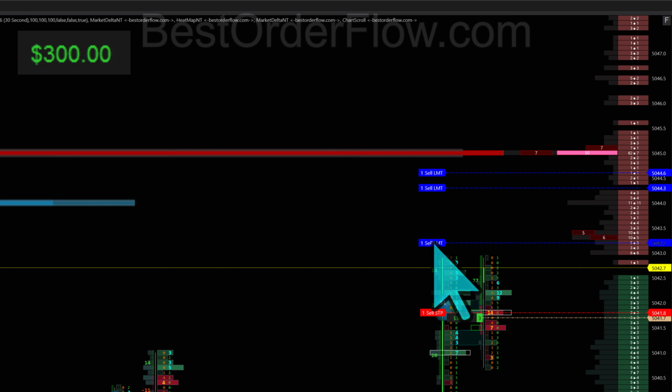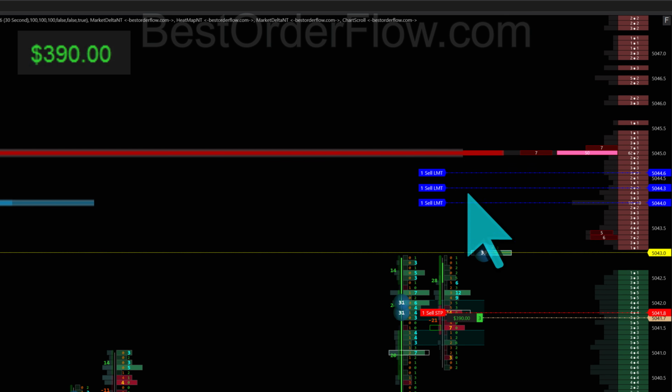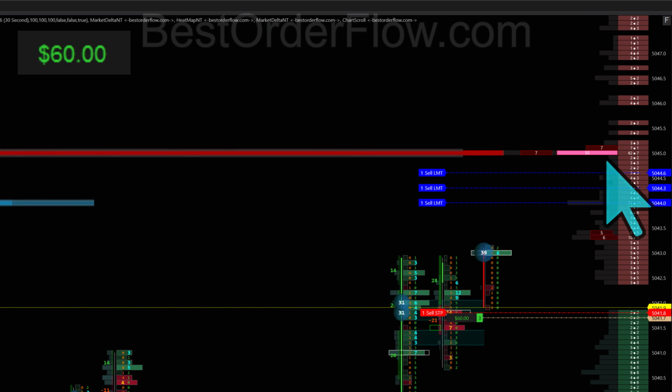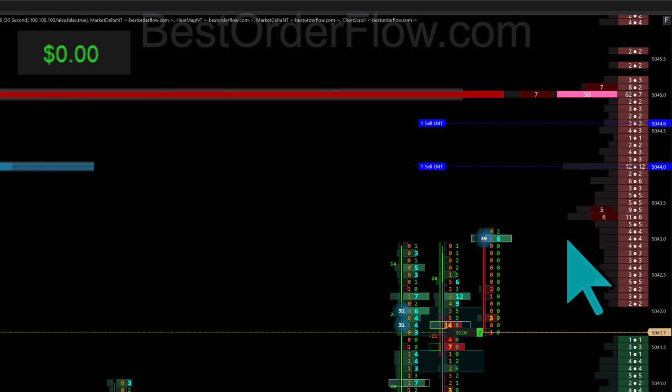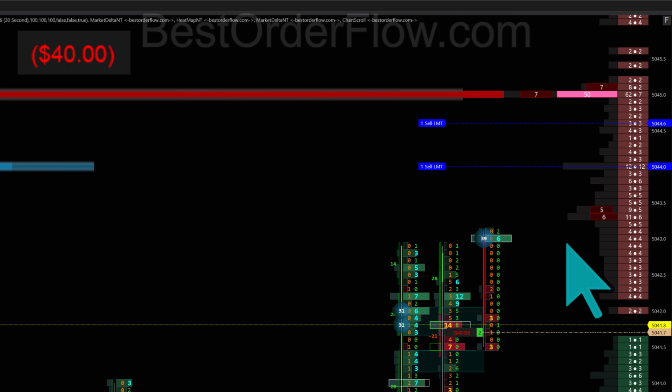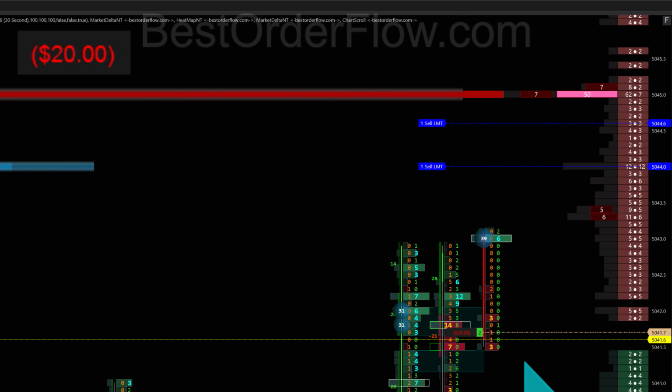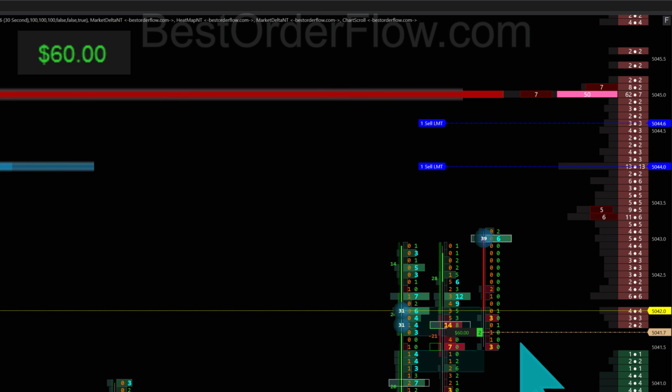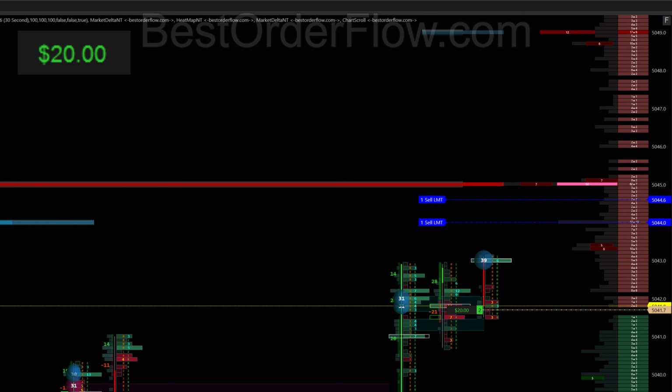Where do I put my exits? Right before the large liquidity that's been sitting there for a while on the heat map, and I see that it's still present meantime on the MBO DOM. One of my stops was stopped because it was break even. Okay, it was a break even.